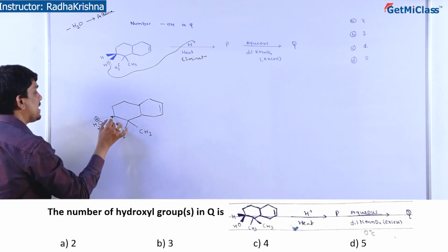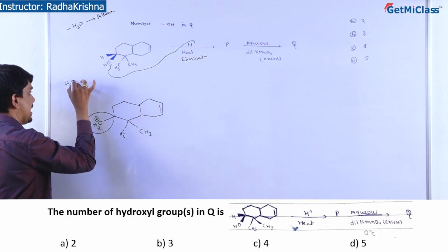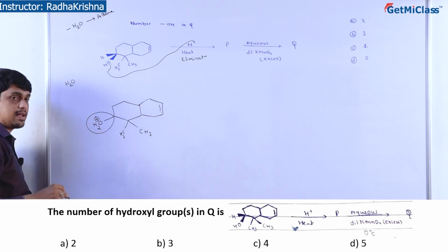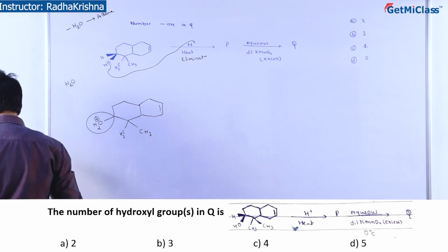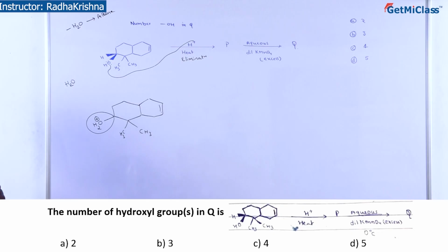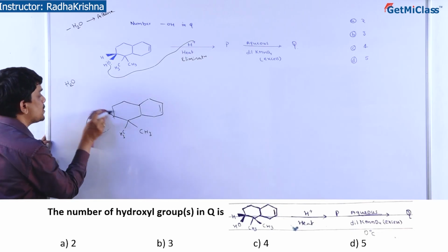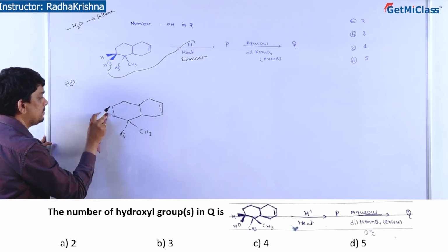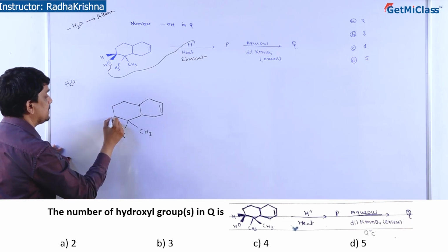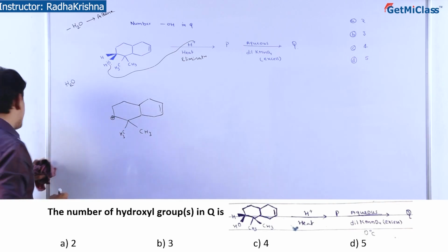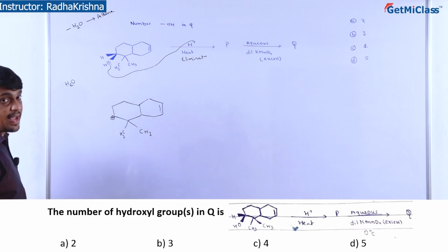Now along with the minus, this will move out as neutral water. Plus and minus together become neutral water. So let me rub the water molecule from here. Because minus went out, this becomes plus. So there is a formation of carbocation, we can see.